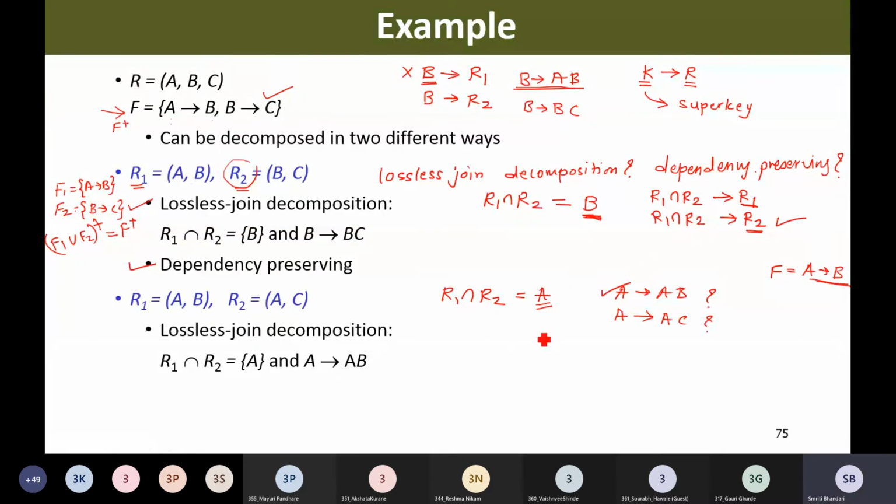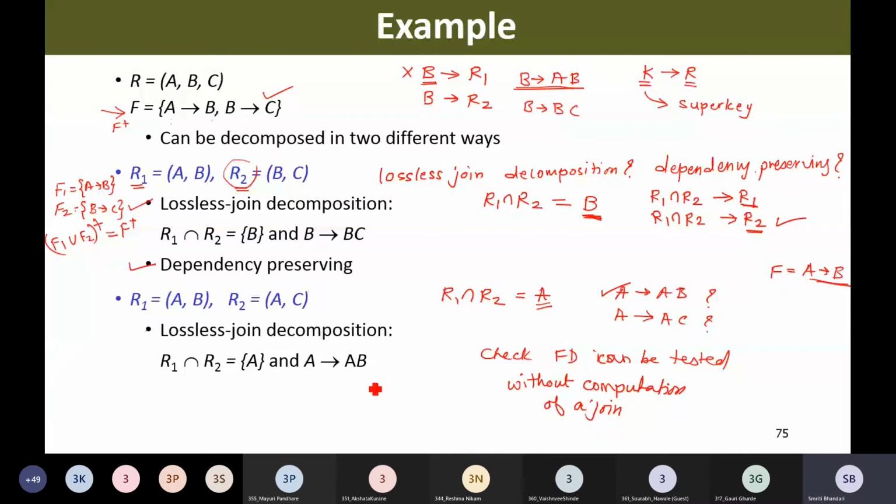See, what we need to check is whether the functional dependency can be tested without computation of a join.